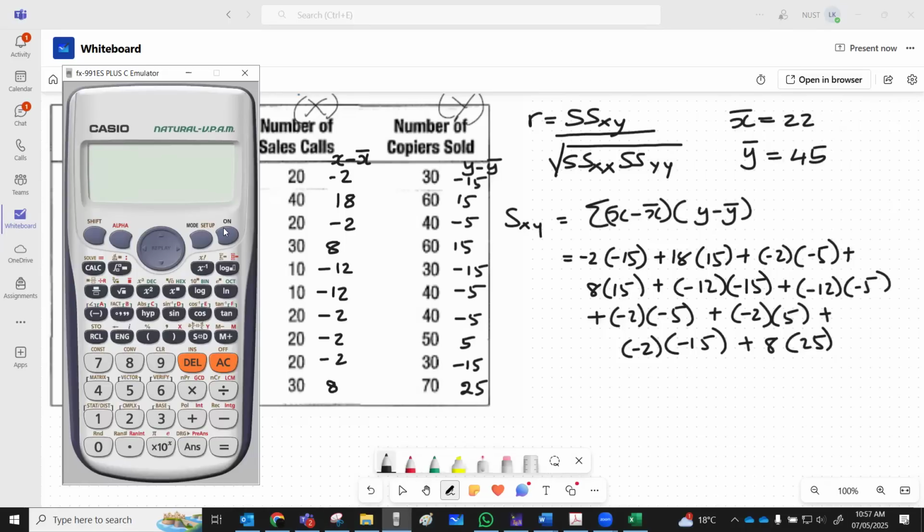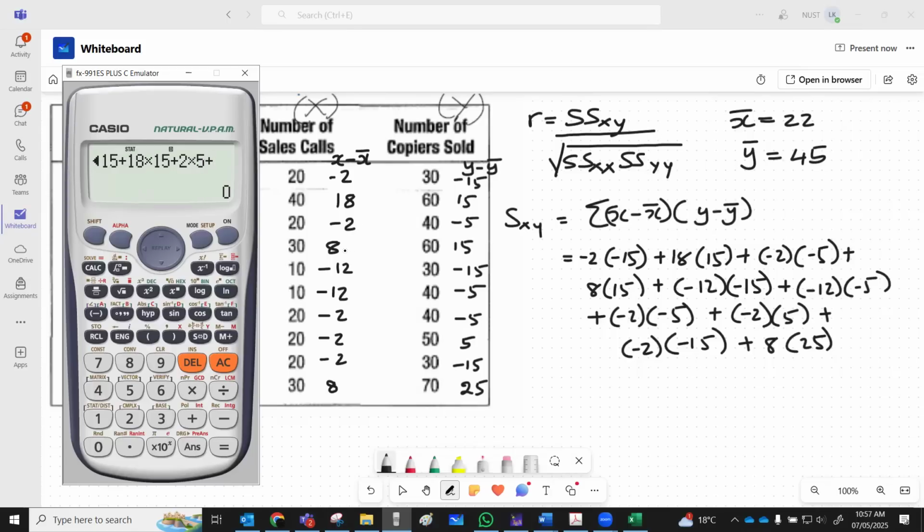Okay, so I have these two, they're both negative. So sometimes I won't write the negative because I know that two negatives, when I multiply them, give me a positive. So I have 2 times 15. Then I have 18 times 15. Then I have 2 and 5.